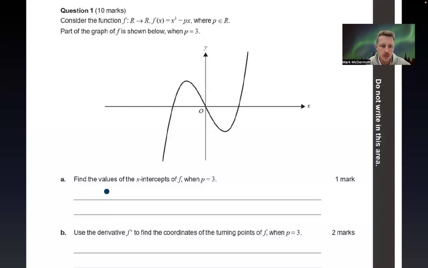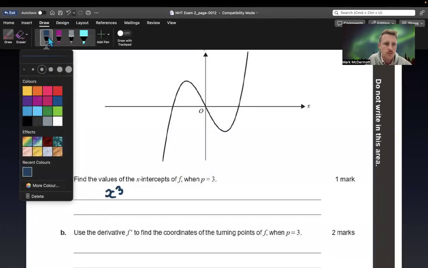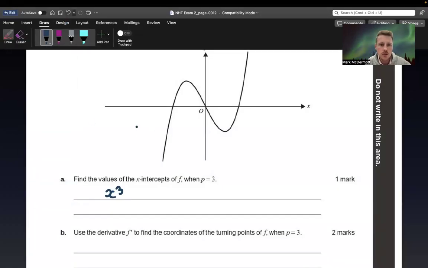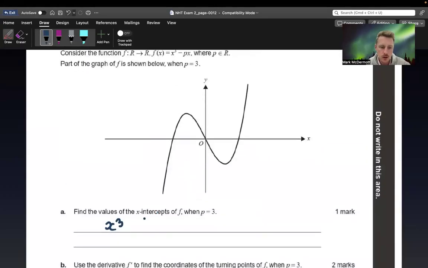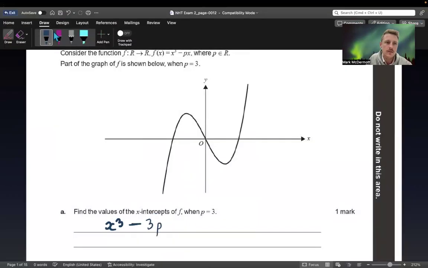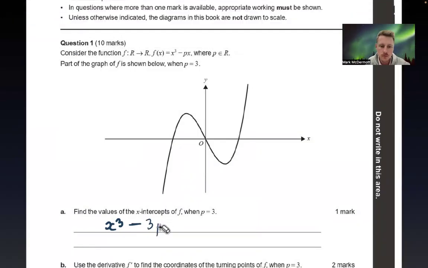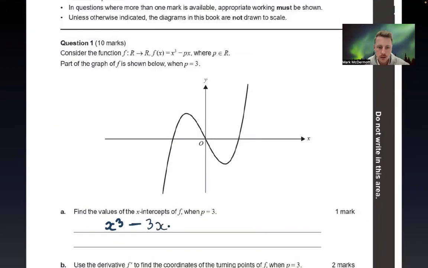Okay, so what we would have is x cubed minus 3x equals 0, because we need to know the x-intercepts.